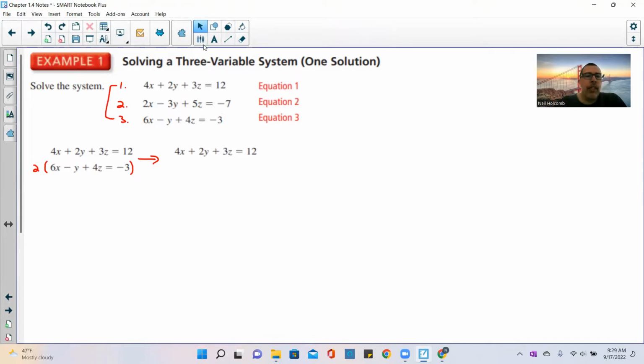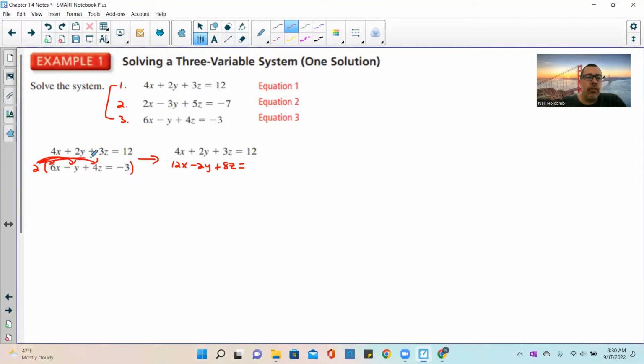But then I need to do the distributive property and do a multiple of this one. So 2 times 6 is 12x. Okay, I almost put a plus there. It is not plus. Watch your signs. And 2 times a negative 1 is negative 2y. And 2 times 4z is 8z.